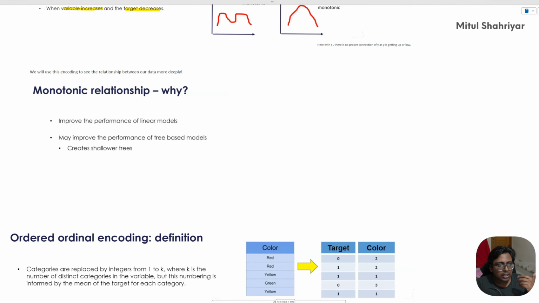That is why we're learning this. So if we can convert the data to have some relationship, it's good. That improves the performance of linear models. It may improve the performance of tree-based models as well. May.